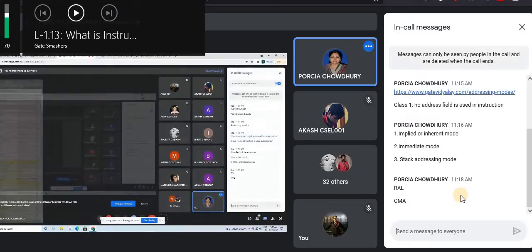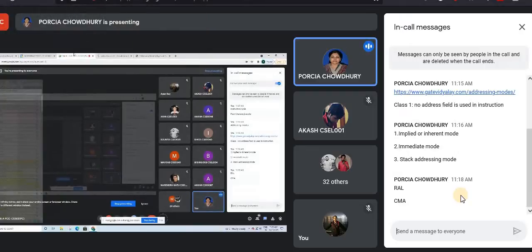And the class? Class 1, no address field will be used. So the first one is implied or inherent mode. In case of implied or inherent mode, give an arrow and remember accumulator.